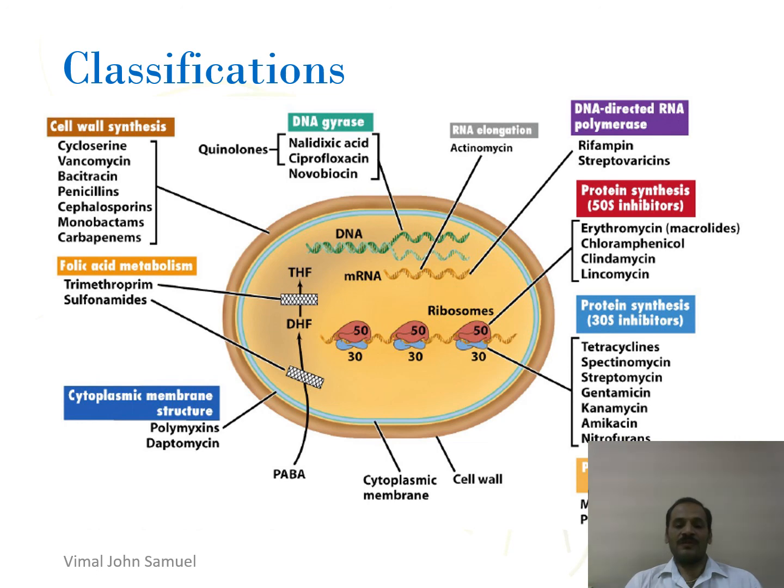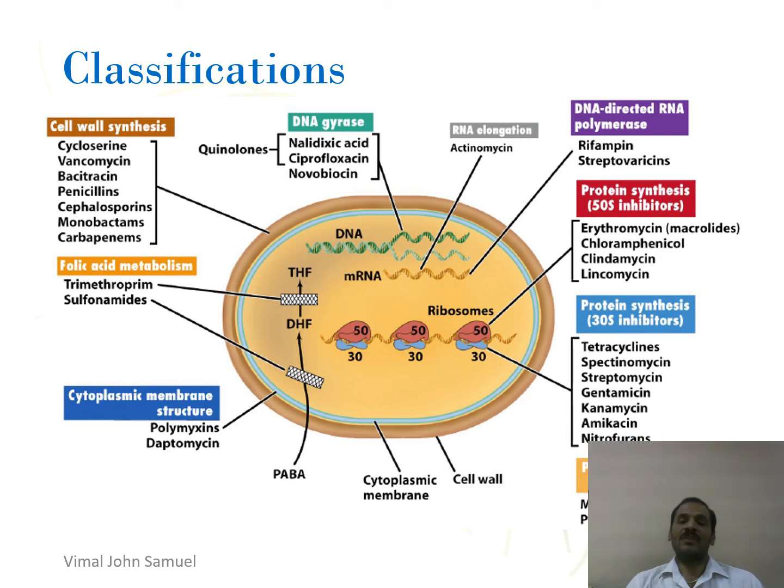So there is a list of drugs. What we have here are drugs very familiar to us, like penicillin derivatives or cephalosporins, which are considered cell wall synthesis inhibitors. The sulfonamides are considered folic acid metabolism inhibitors, and the quinolones, such as ciprofloxacin, levofloxacin or norfloxacin, are considered DNA gyrase inhibitors, which inhibit the DNA replication process.